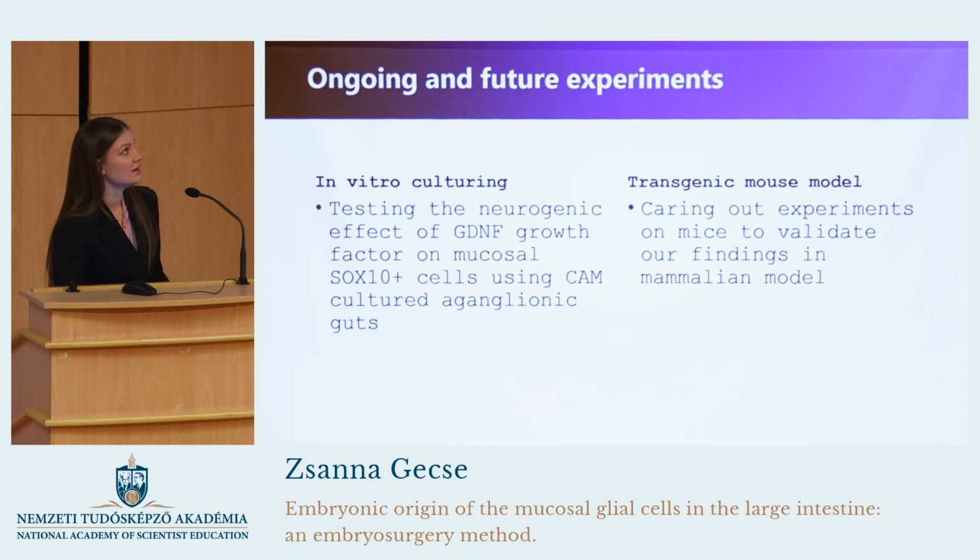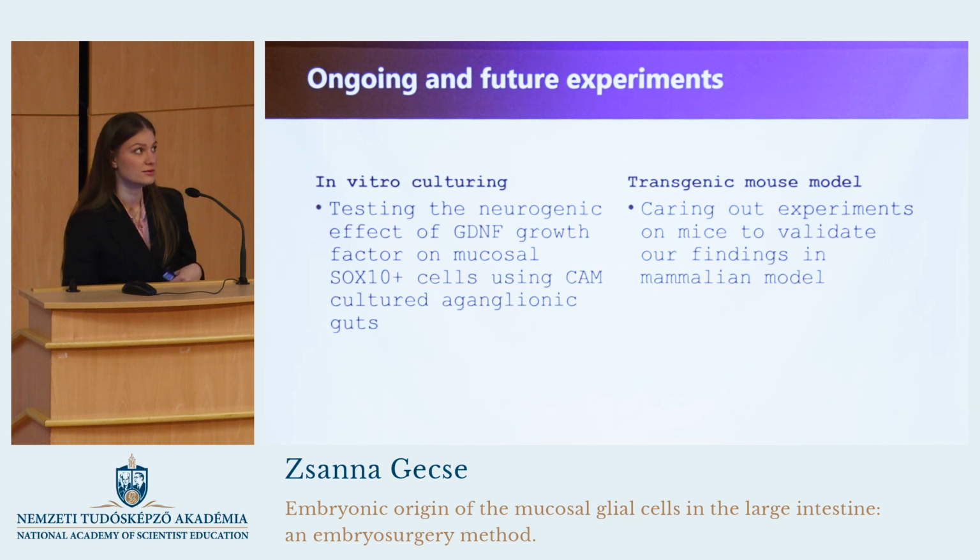And the other thing is a transgenic mouse model that we want to use to validate our findings in chicken embryos to mammalian models as well.